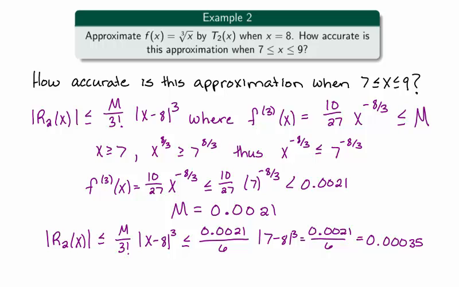Therefore, the error of the approximation T2, which is approximately the third root of x, for 7 less than or equal to x less than or equal to 9, is at most 0.00035.